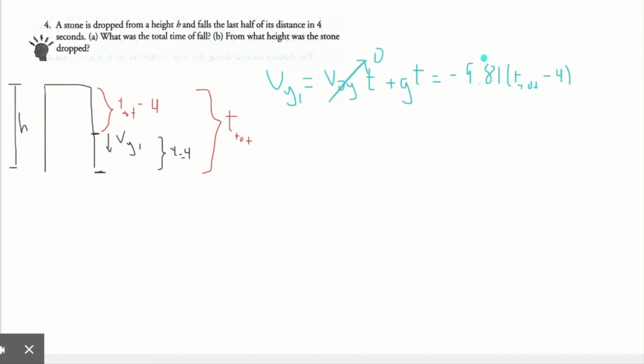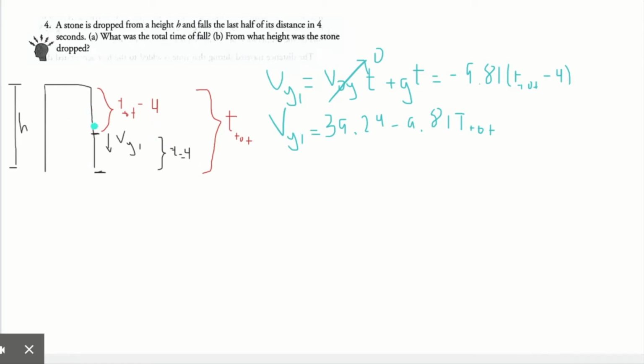Then we can make this multiplication and we get that Vy1 equals 39.24 minus 9.81 t tot. Okay, that's all the information we can get right now.